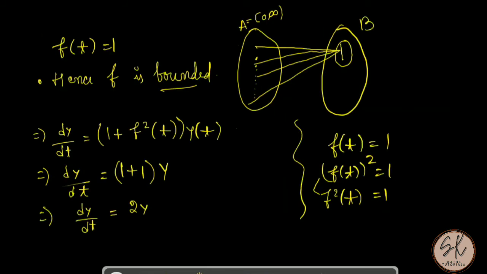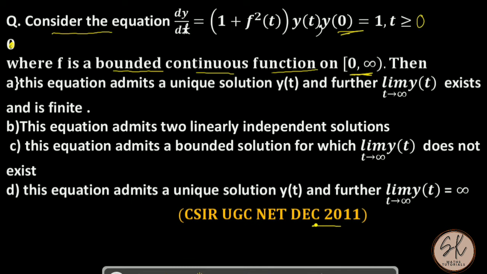Here we can see that option A says this equation admits a unique solution, and option D has the same.